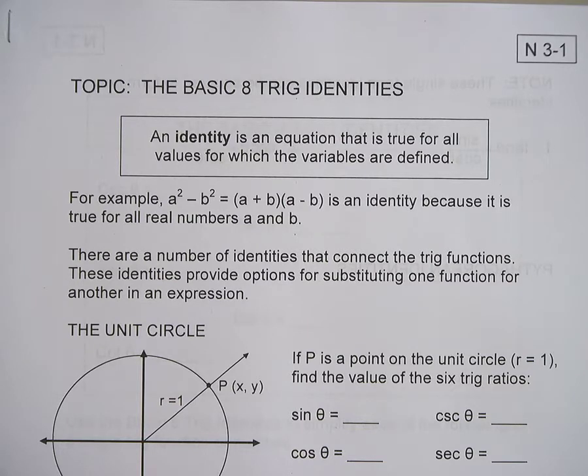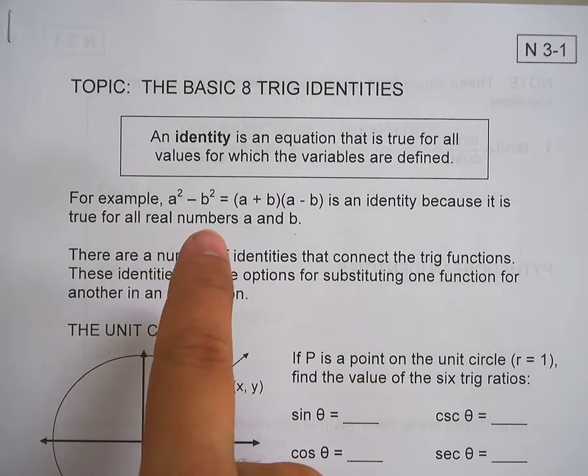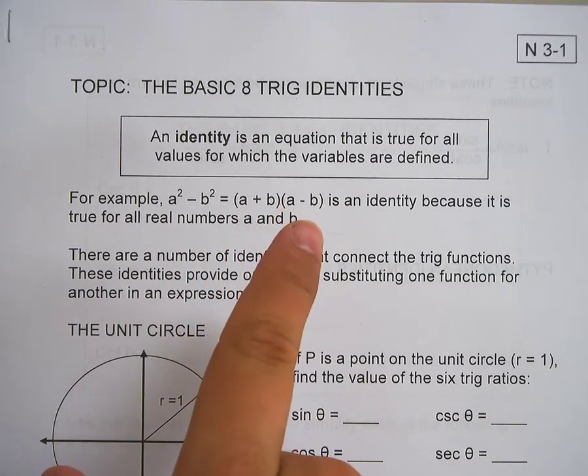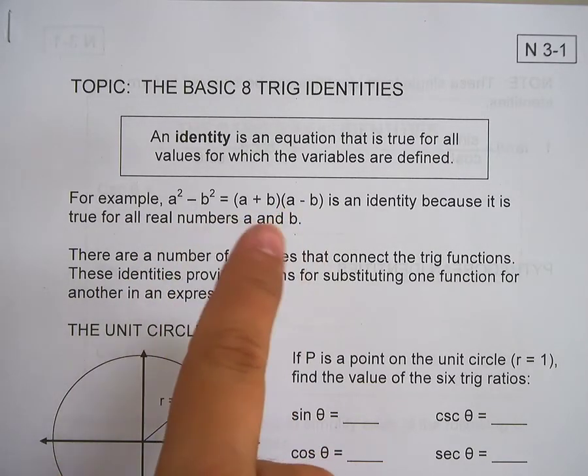Trig identities. An identity is something that will always be true for every value, for where your variable is defined. For example, a squared minus b squared is a plus b times a minus b. This is called the difference of two squares.